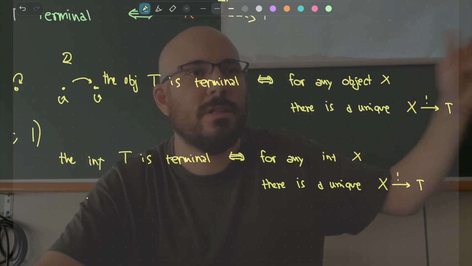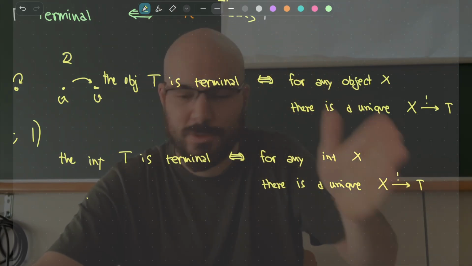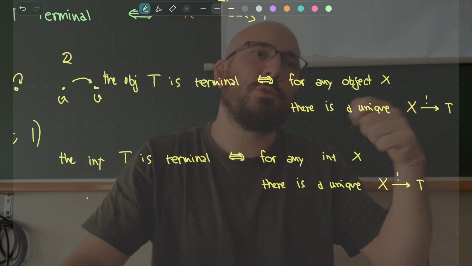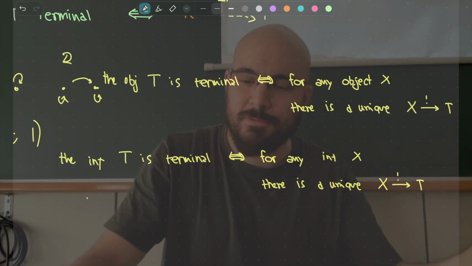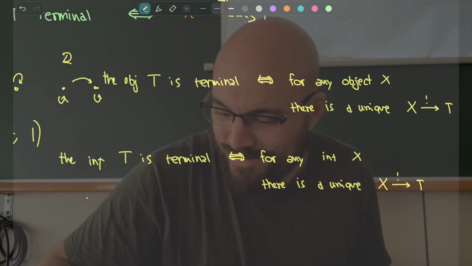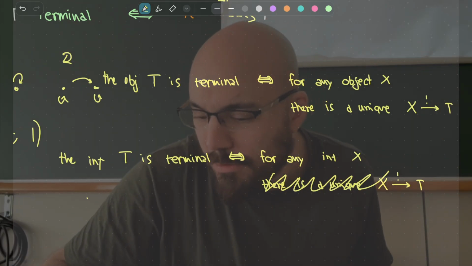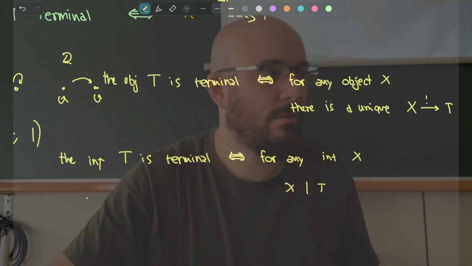What does an arrow mean in this category? Yes, it divides. It's the relation of divides. And so this unique doesn't make sense here because it's a thin category. An integer either divides or does not divide. It doesn't make sense to ask in what way it divides. So this whole thing becomes x divides t.